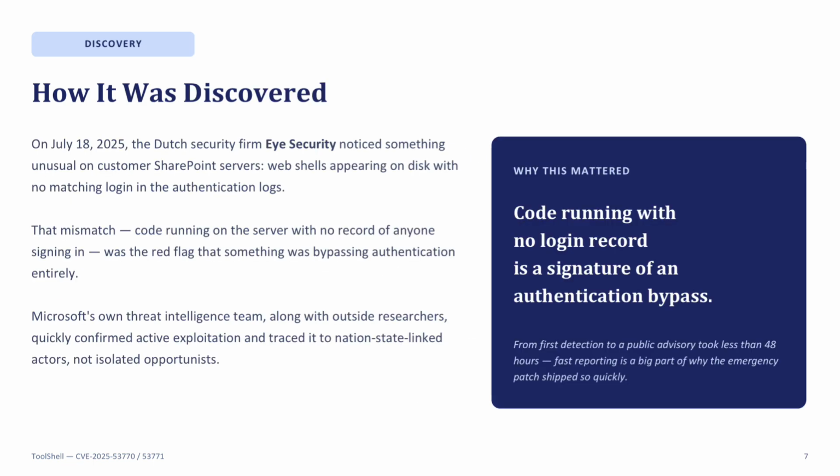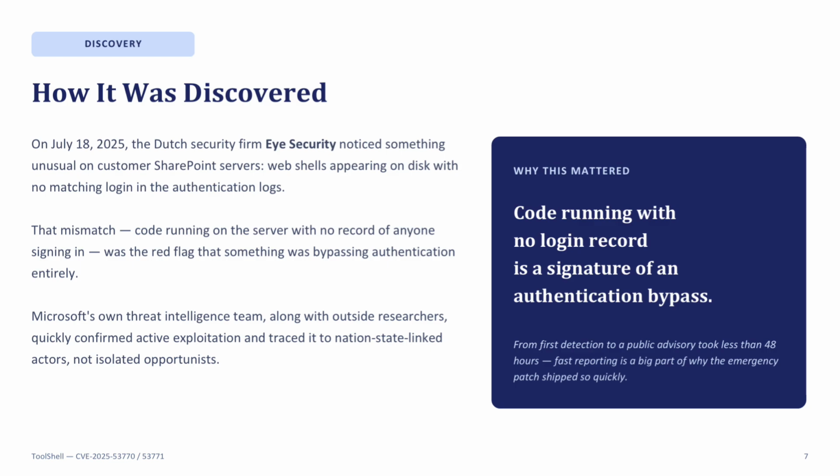Discovery: how it was discovered. On July 18, 2025, the Dutch security firm iSecurity noticed something unusual on customer SharePoint servers: web shells appearing on disk with no matching login in the authentication logs. That mismatch, code running on the server with no record of anyone signing in, was the red flag that something was bypassing authentication entirely.